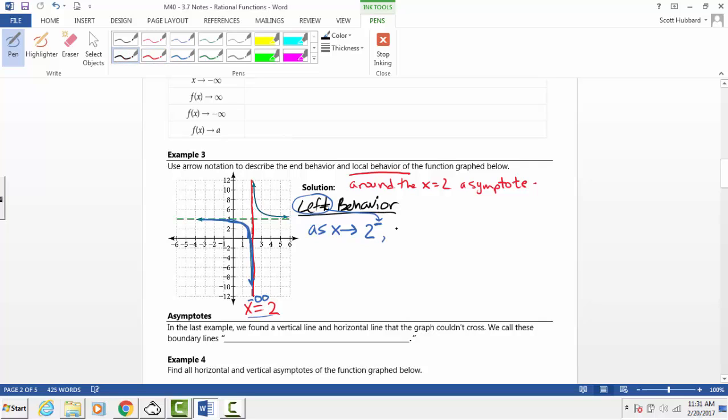And so I just write, f of x is heading towards negative infinity. So again, as I approach 2 from the left, I get really, really close to 2. On the left side, the graph is going down, down, down. And so this is going down to negative infinity. And let's do the right behavior.